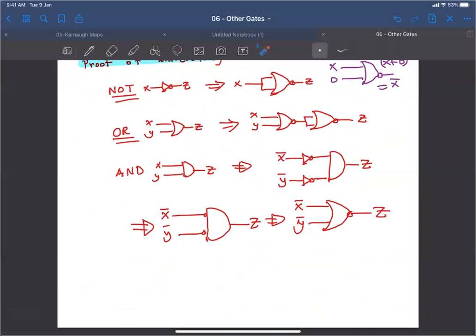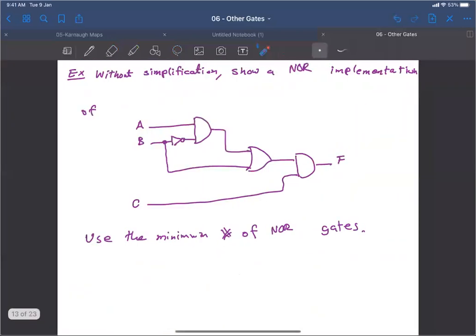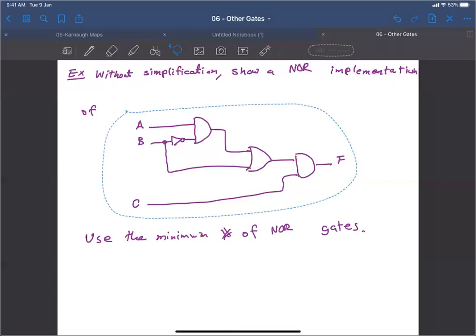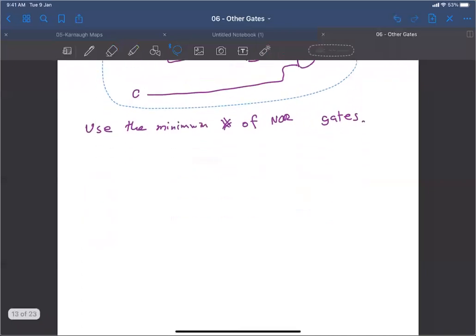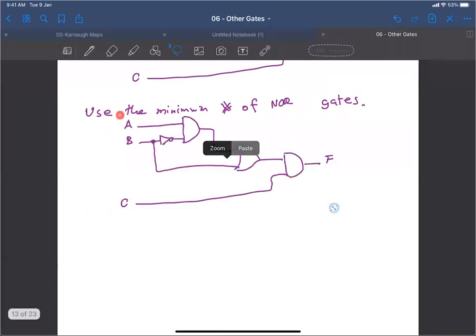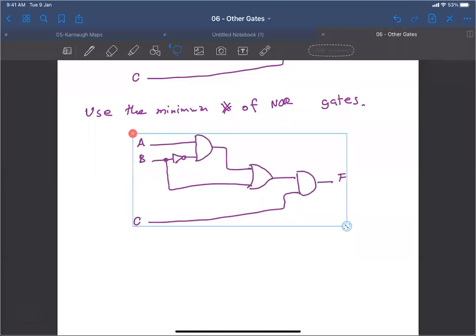All right, let's take this example just to make sure that you can do it. Let me copy this, and this time we do it for NOR instead of NAND, and you'll see that it is even simpler. Now we start with OR gates, which are simpler.